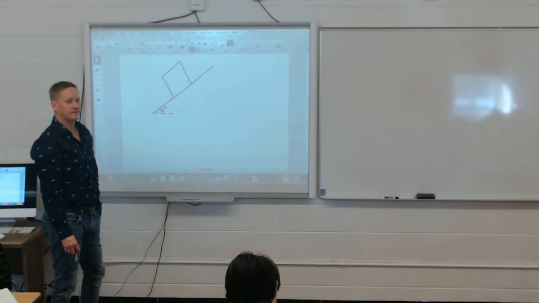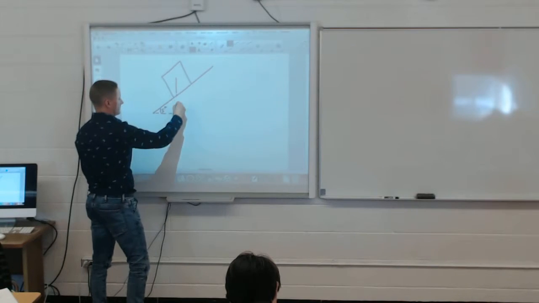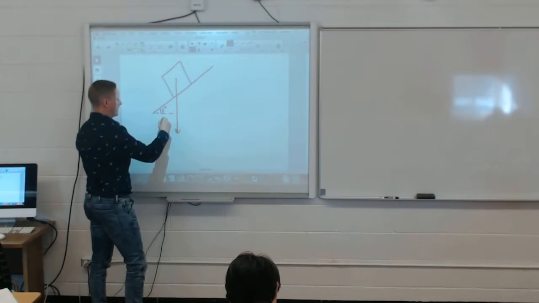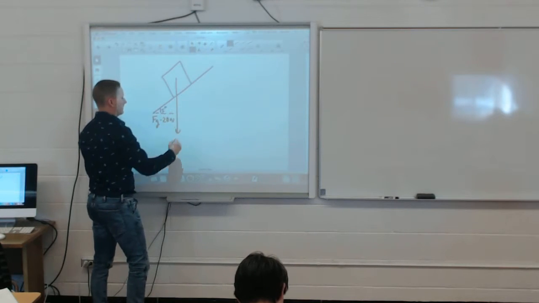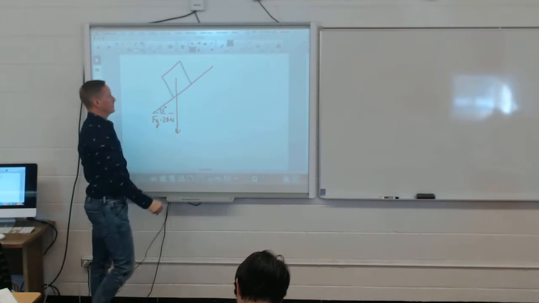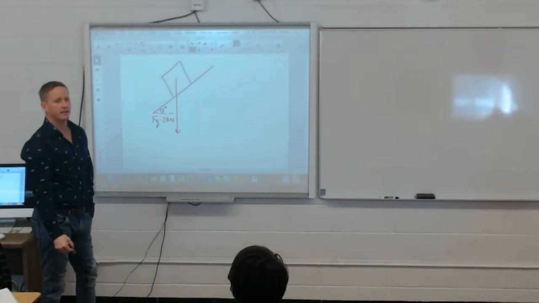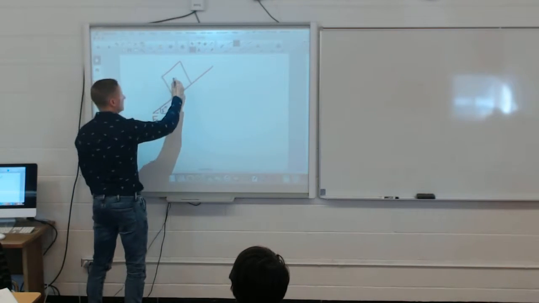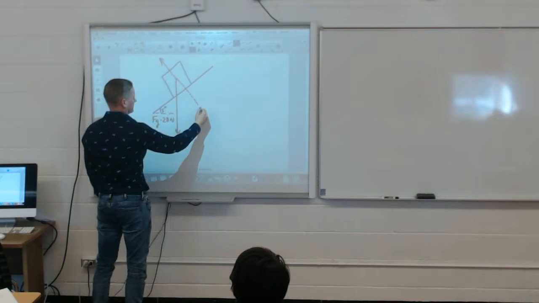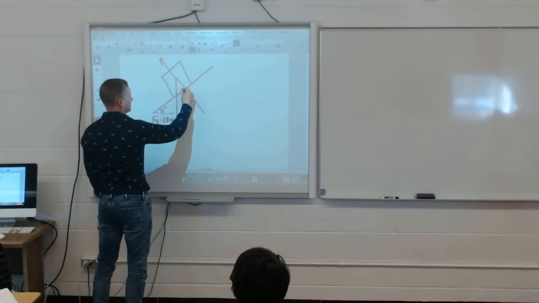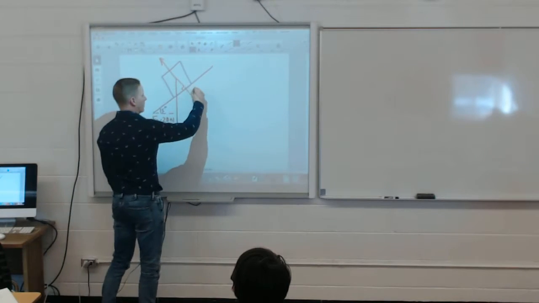Gravity. So it works straight down right here. The force of gravity is 20 newtons. The chair underneath you is pushing you back. That's called a normal force. It works perpendicular to your surface, so that makes a right angle right there. So this is your normal force.